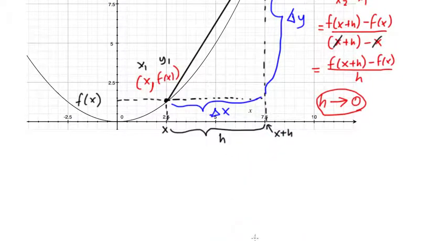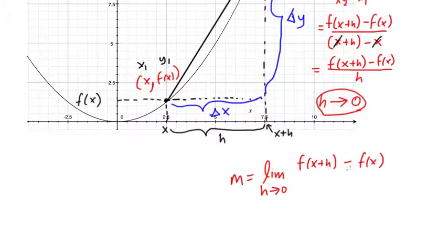So the actual definition of a slope is the limit where h goes towards 0 of f of x plus h minus f of x over h.